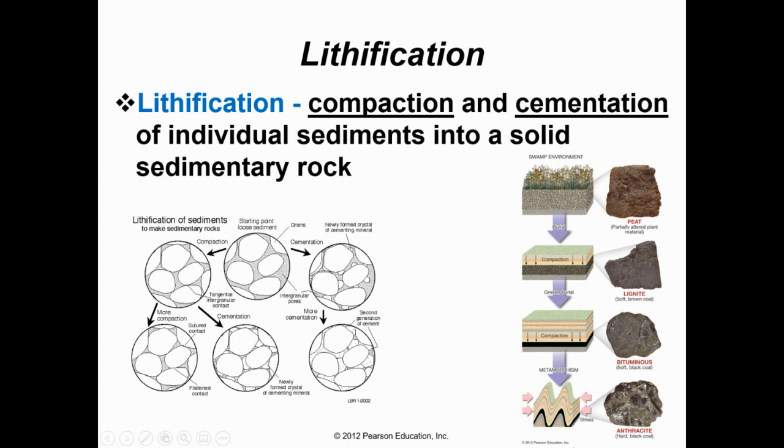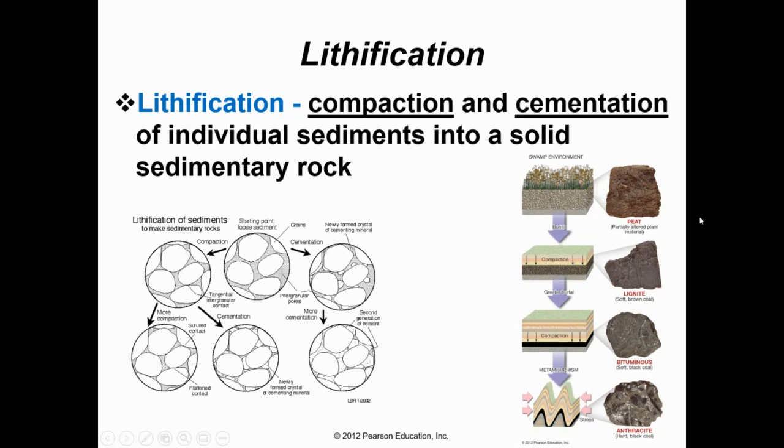That's compacting, which is what you're seeing here. You just keep repeating that process over and over again until eventually you've got a lot of compaction. And then, just like any natural water, there are certain dissolved constituents in the water that will create a cementation agent eventually to cement all that stuff together.